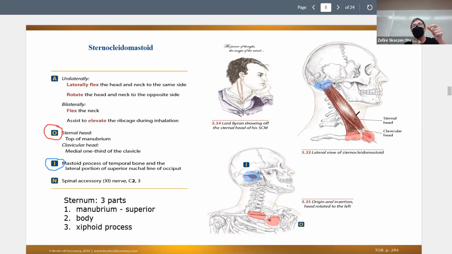So you should literally be able to grab that muscle between your fingers, like it was a hamburger or something. So you're literally grasping that belly of SCM, and you're working your way up and down.